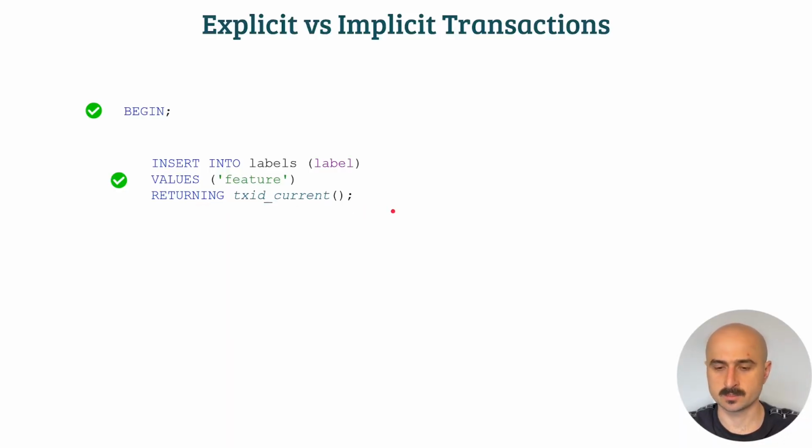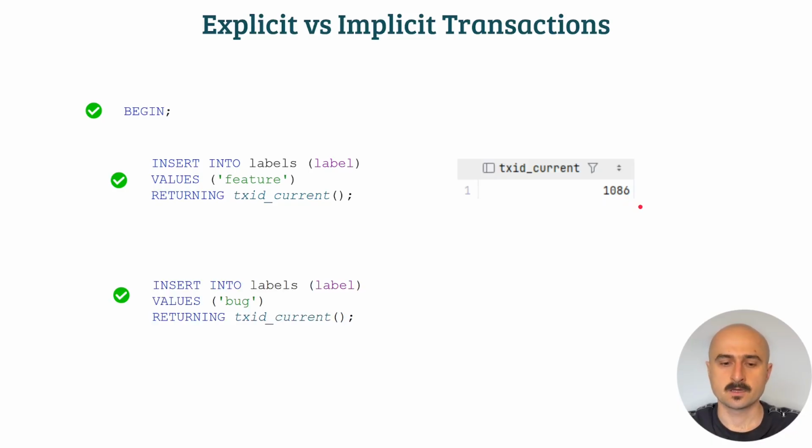So let's see what it gives us back. It gives us transaction ID. We already saw in a previous video it's going to be a unique number. In this case, it turns out to be 1086. Next, we're going to do the same. This time, we're just going to insert a different value, right?